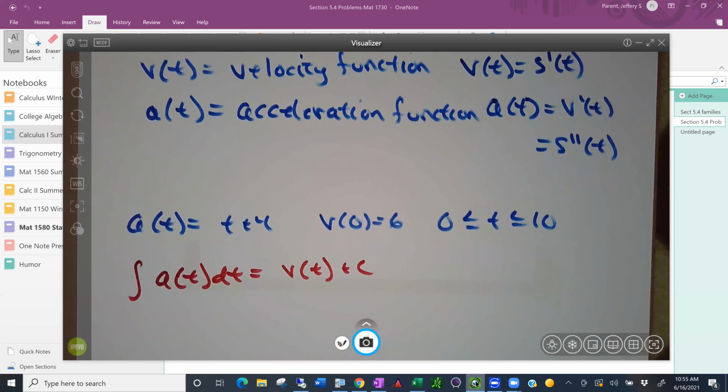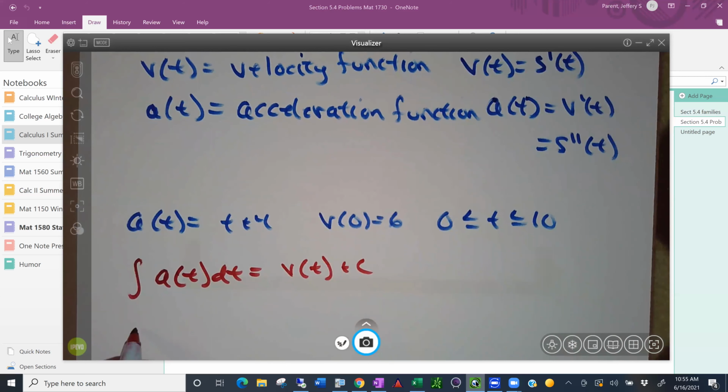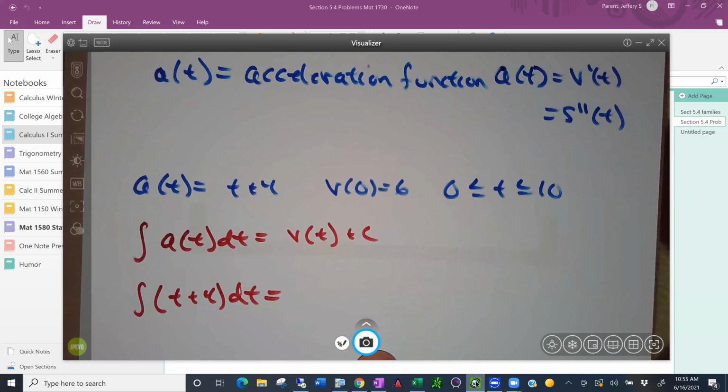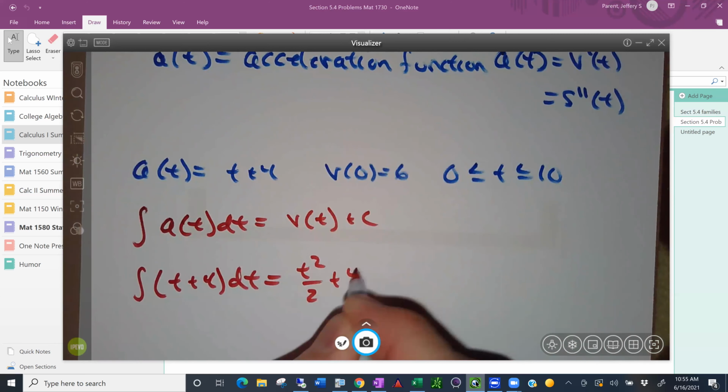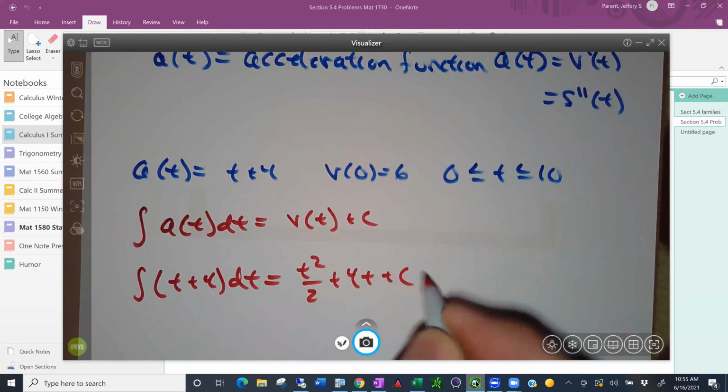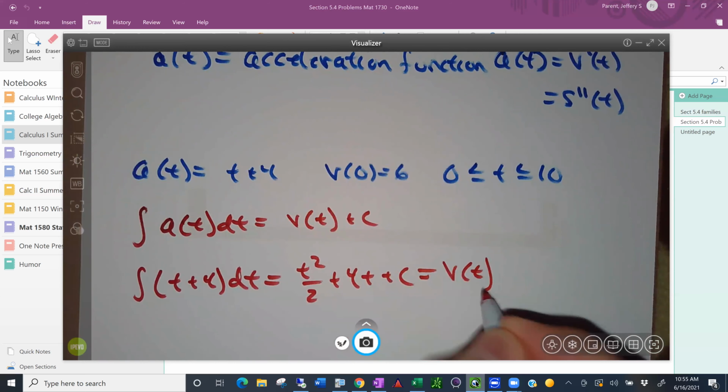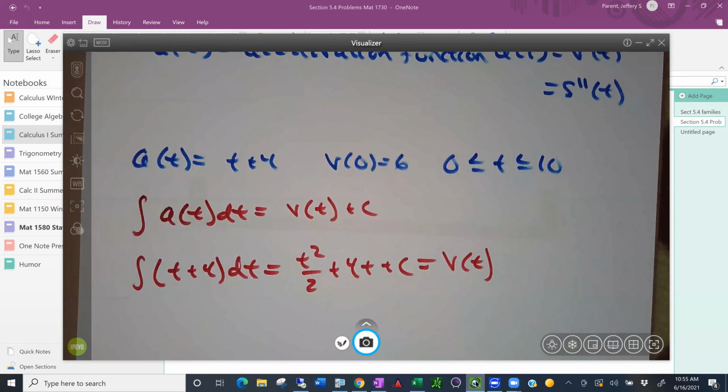So let's find the antiderivative of A of t, the integral of t plus 4 dt. That's going to be t squared over 2 plus 4t plus a constant. That's my velocity function.